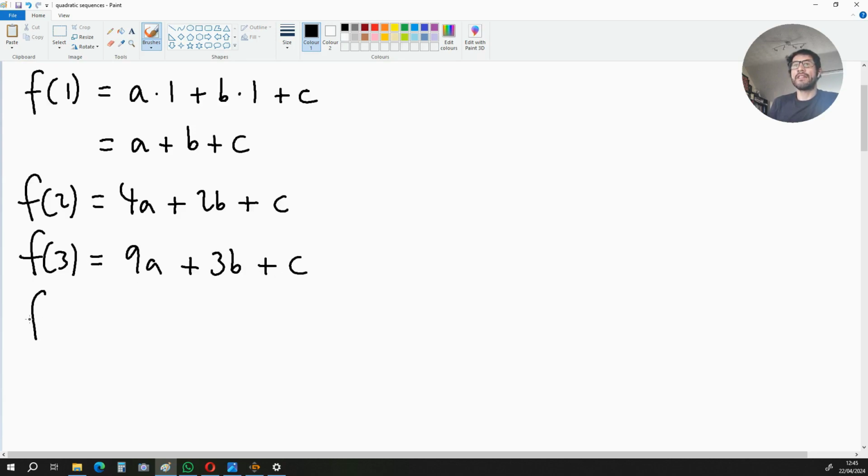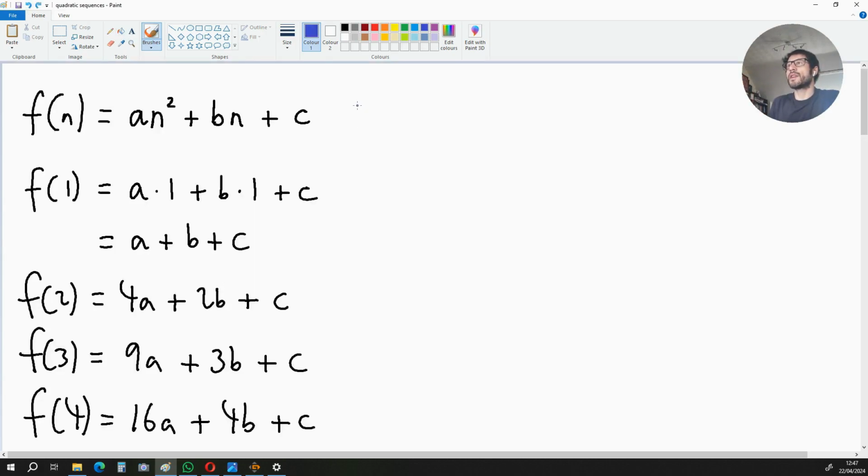And finally, f4, that gives us, we're going to get 16a plus 4b plus c. Let's map these out, and if we do that, we're going to be able to find the general solution.